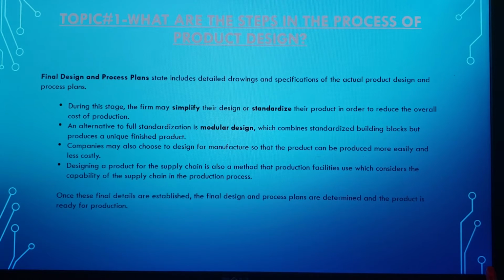Companies may also choose to design for manufacture so that the product can be produced more easily and less costly. Designing a product for the supply chain is also a method that production facilities use, which considers the capability of the supply chain in the production process. Once these final details are established, the final design and process plans are determined, and the product is ready for production.